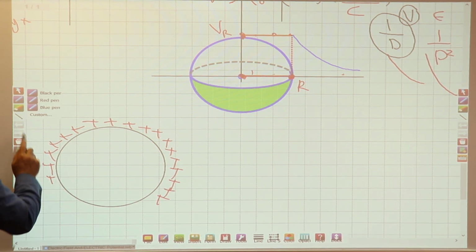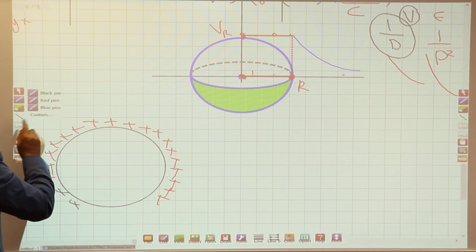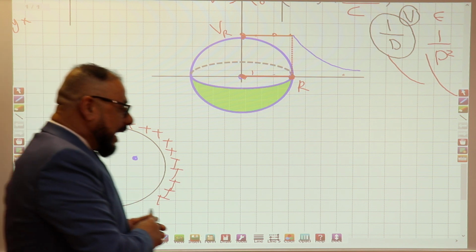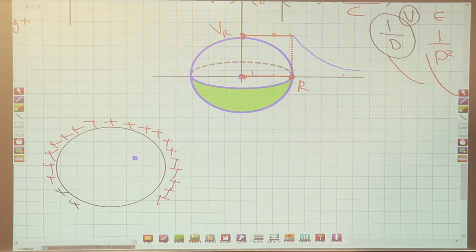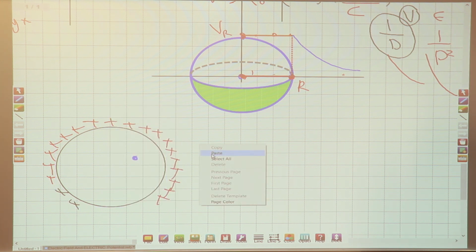Because if I want to find the electric field at this point here, I have to have a Gauss surface, a Gaussian surface, right? Okay, how can we find the Gauss surface? I'm going to take a copy from this, then minimize it a little bit.